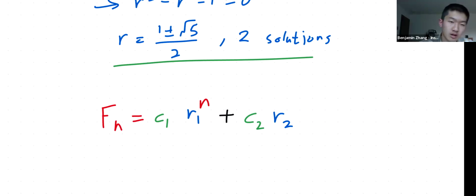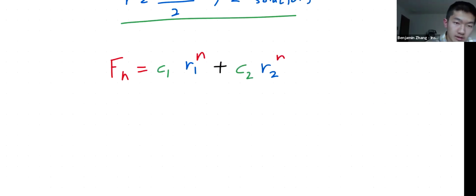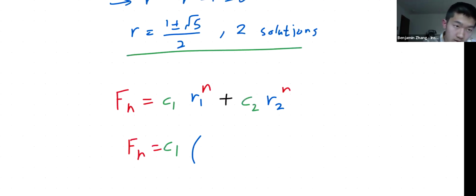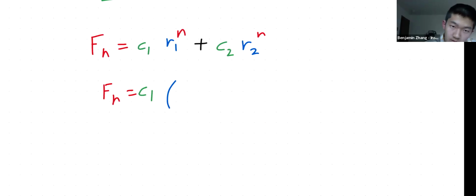So plugging this in, we get that our closed form is f of n is equal to c1 times, we just choose an arbitrary root because it is symmetric, so we can say 1 plus root 5 over 2 to the n.